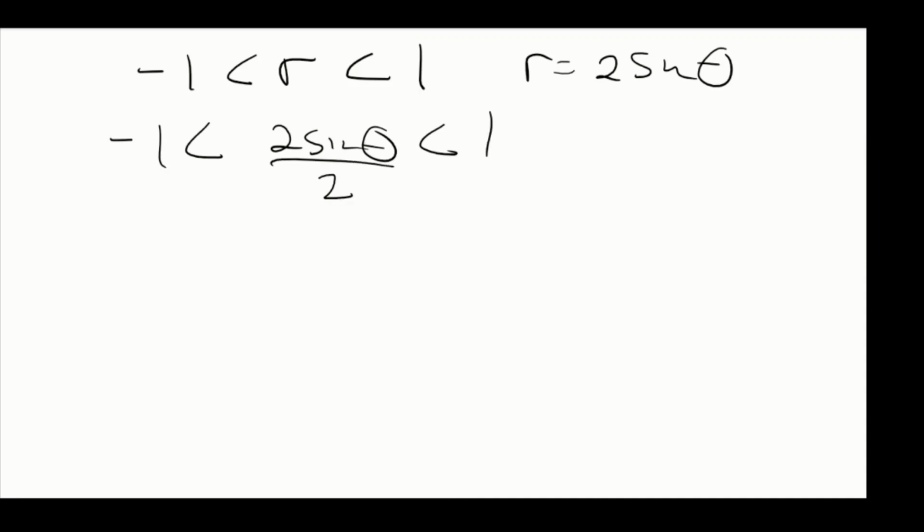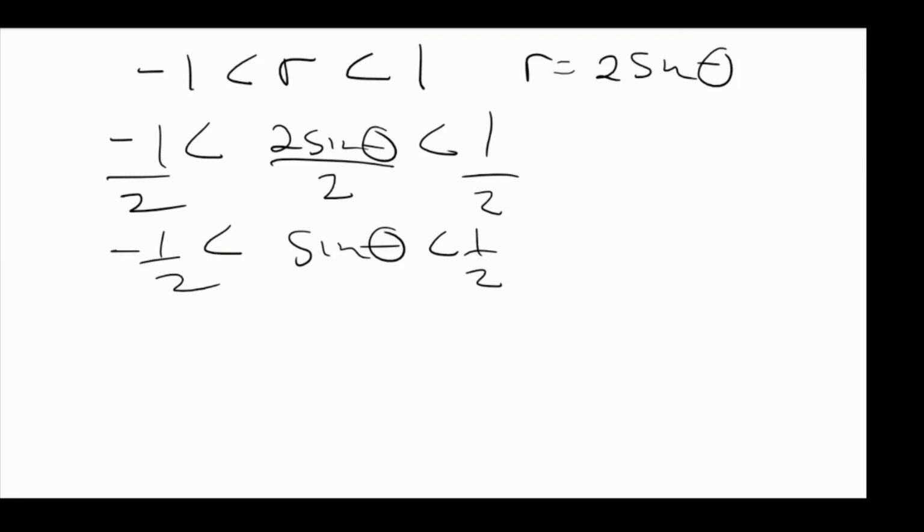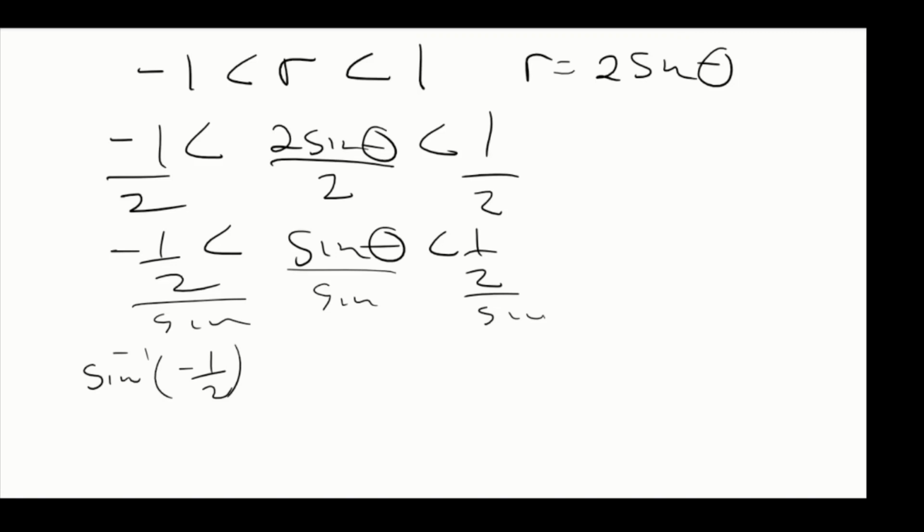Then we divide both sides by 2. We remain with sine of theta lies between -1/2 and 1/2. Then to find theta, we take the inverse sine on both sides, and we know that theta is going to be sine inverse of -1/2 and sine inverse of 1/2.